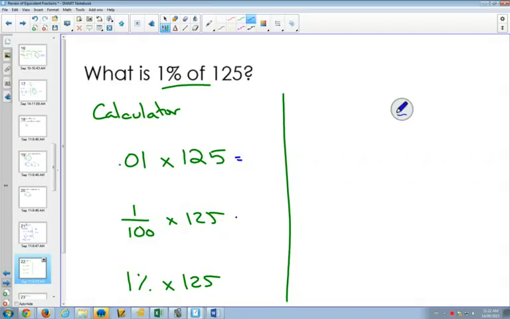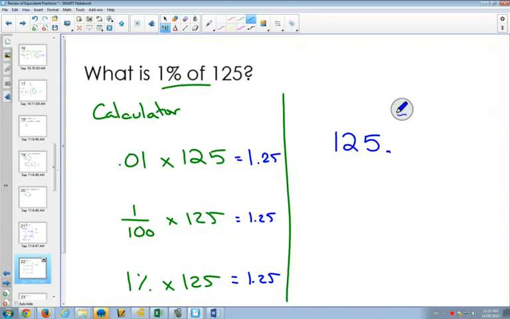And no matter which one of these that you do, you're going to get 1.25 as your answer. So if 10%, move that decimal place over once, 10% of 125 would be 12.5.